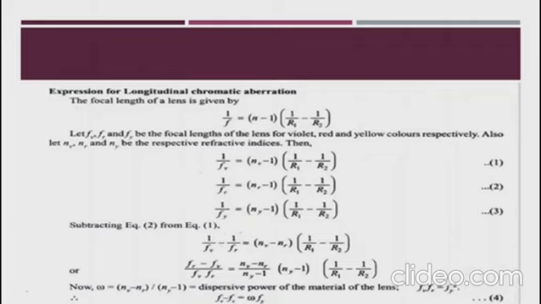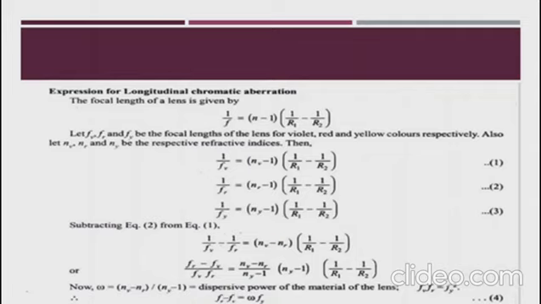Subtracting the second equation from the first, 1/Fv - 1/Fr = (Nv - Nr)(1/R1 - 1/R2). Here (1/R1 - 1/R2) is common to both equations.